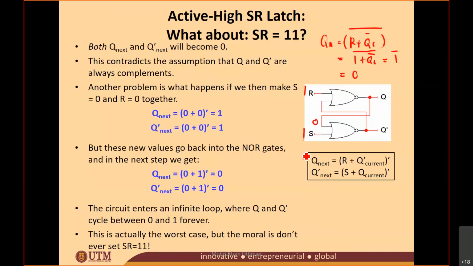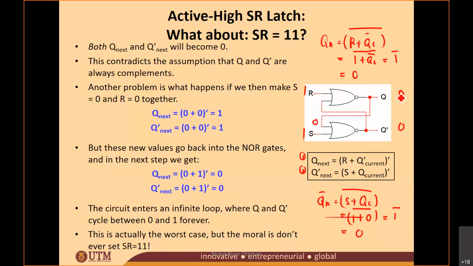This is persamaan 1 and this is persamaan 2. From persamaan 2, Q bar next sama dengan S tambah Q current, and then bar. Since S is 1 tambah dengan 0, 1 tambah 0, you know that it becomes 1. When 1 bar, kamu akan dapat 0, which is yang ni tadi 0, and this is 0, which is not valid lah.